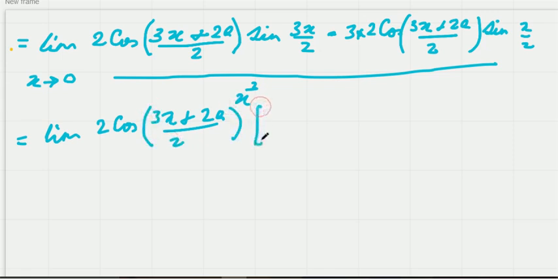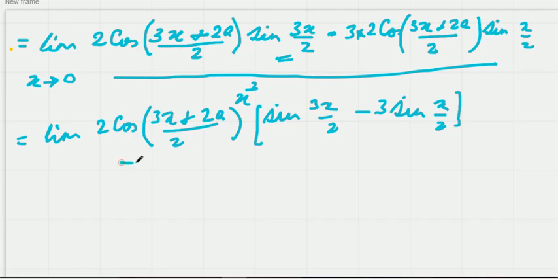That leaves us with sine(3x/2) minus 3 sine(x/2), and this thing we divide by x cube, our denominator.